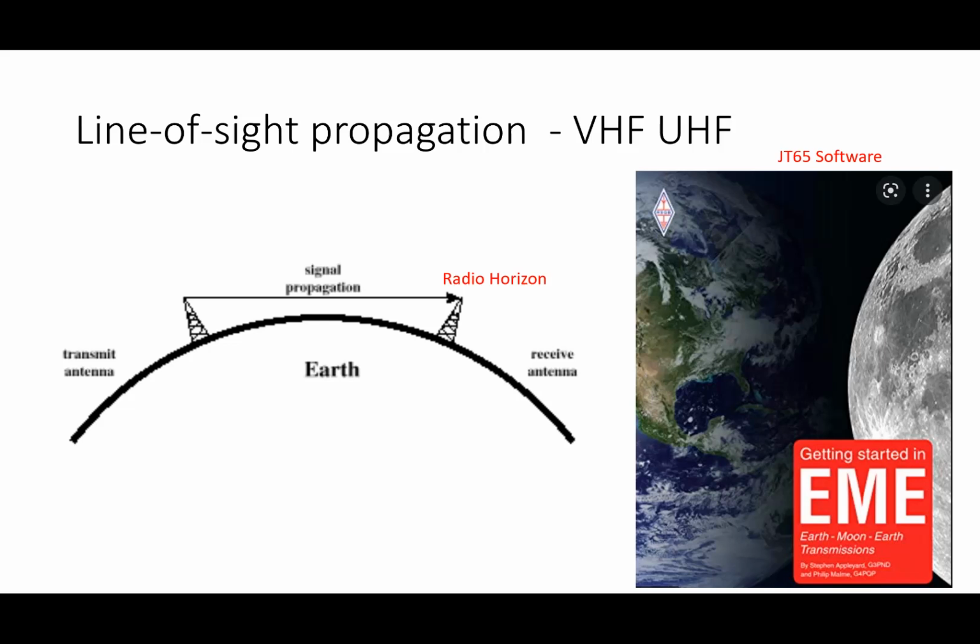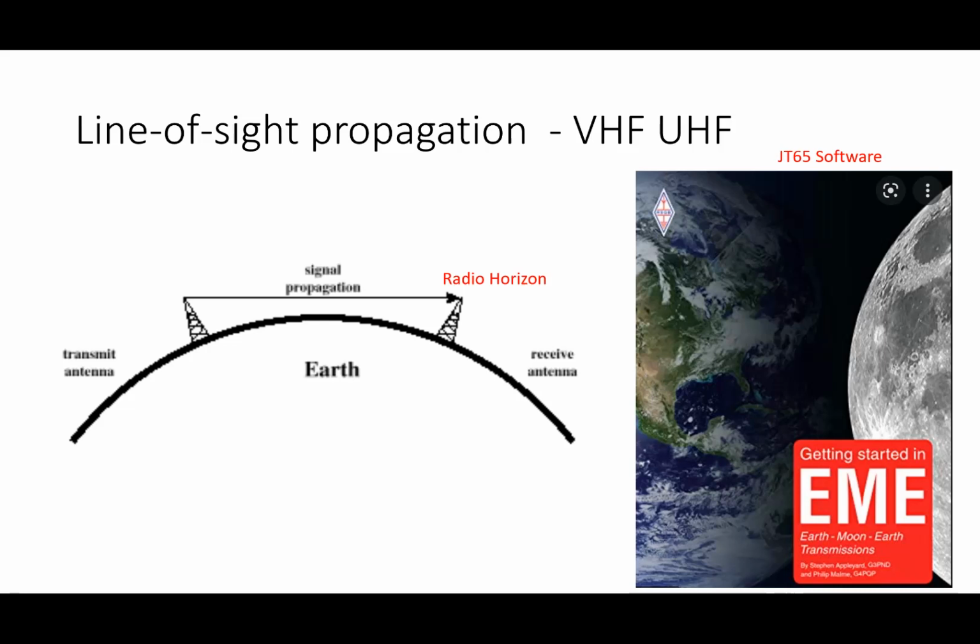However, Joe Taylor, K1JT, who won the Nobel Prize for physics for very weak signal techniques that allowed him to discover the effects of gravitational radiation on pulsars, once he won his Nobel Prize, decided it was time to quit doing physics and do ham radio.